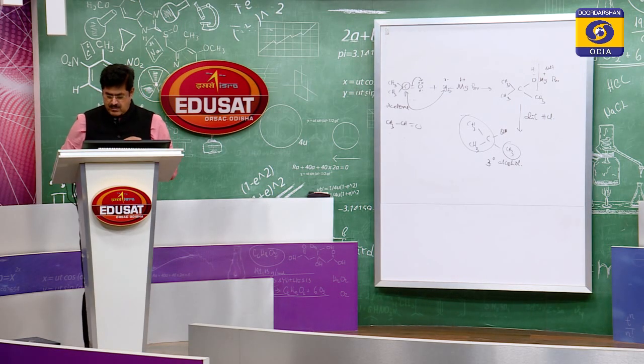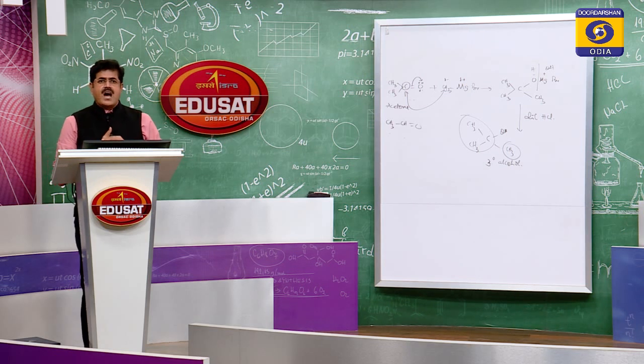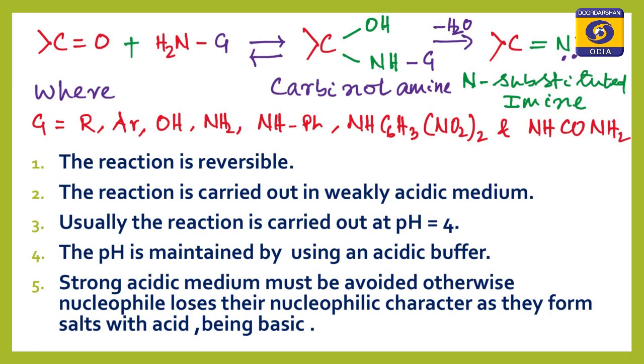So, what are the characteristics of these nucleophilic addition elimination reactions? In a simple way, the carbonyl group, displayed once again on the TV screen, reacts with NH2G, where G can be an alkyl group, aryl group, hydroxyl group, NH2 group, NHPh, NHC6H3(NO2)2 and NHCONH2 group.